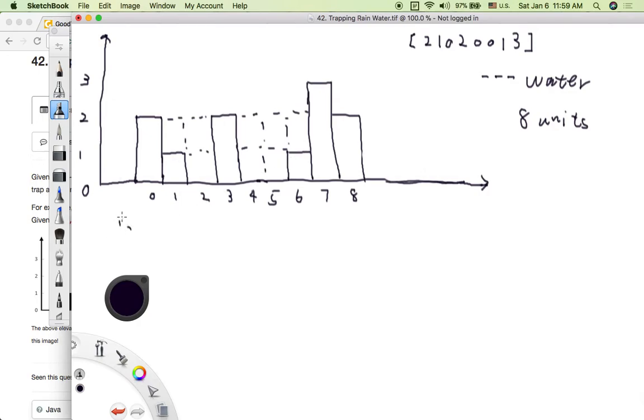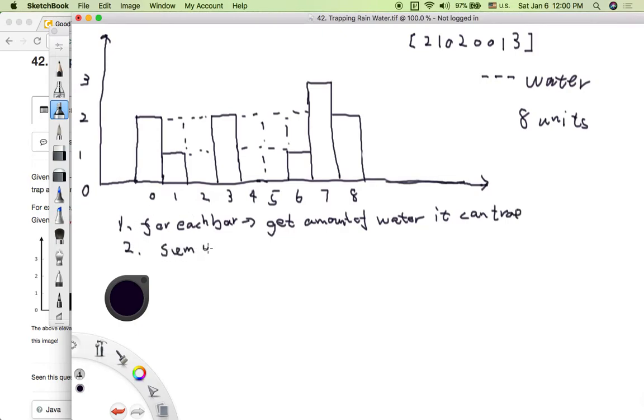So we change our idea. For each bar, we are going to get the amount of water it can trap, and then sum up the total amount of water trapped by each bar.